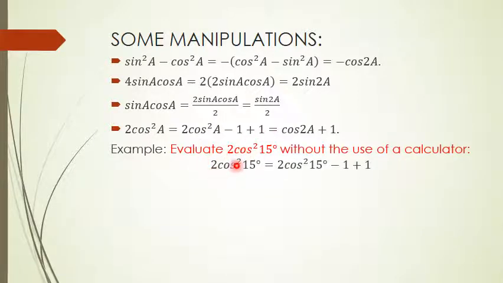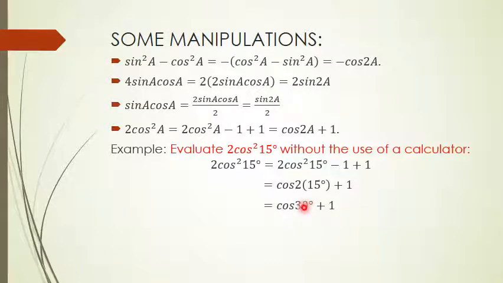So that's the 2 cos squared 15 degrees equal to 2 cos squared 15 degrees. We subtract 1 and add 1 in order to create the minus 1, which will allow us to use the double angle formula. Then we substitute for this with our cos 2a. So that gives us cos 2 times 15 degrees plus 1, and multiplying here we obtain cos 30 degrees plus 1.